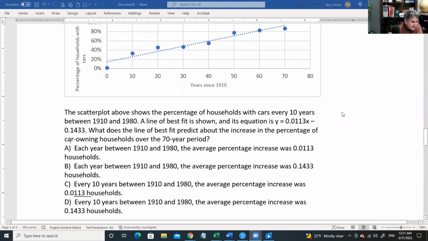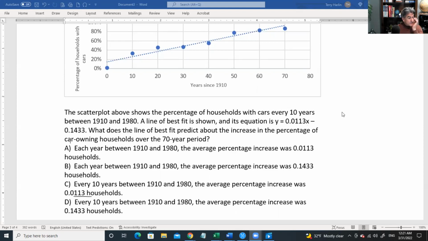What does the line of best fit? Okay, if I don't know what that is, I can just look at that and see a line there that kind of fits among these dots. What does the line of best fit predict about the increase in the percentage of car owning households over the 70-year period?